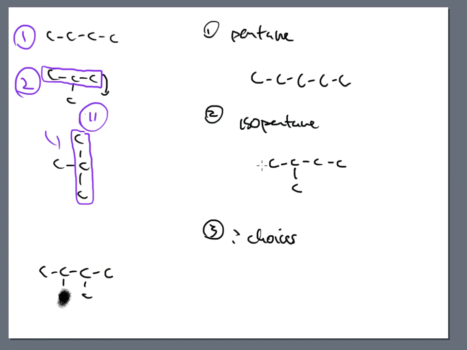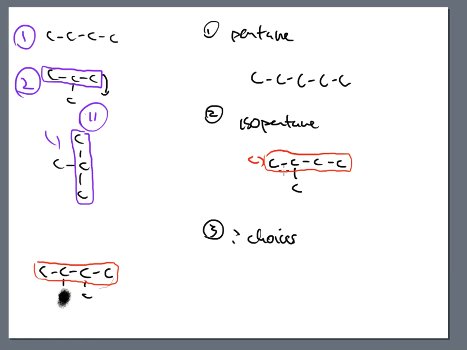Because look. 1, 2, 3, 4. There's the longest chain. And this carbon is the second one in. Down here, 1, 2, 3, 4. And this carbon is not the third one in. This carbon is still the second one in. That's its shortest route. The only thing that I've done is that I've taken this structure and I've just kind of flipped it. I've gone left-handed to right-handed with it.